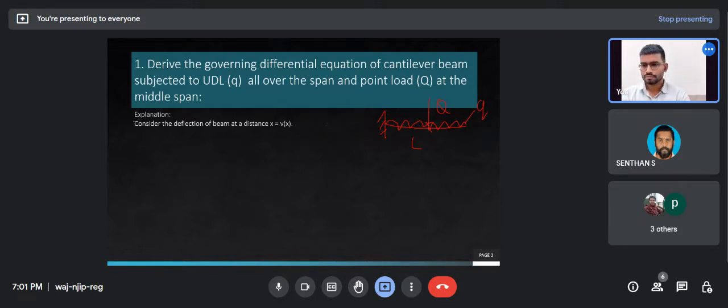Anyway, so here I have considered the deflection of the beam at any distance x as v(x), right? So we can write the potential energy of the system, that is the sum of strain energy plus the work potential. Work potential is the minus of work done on the system.